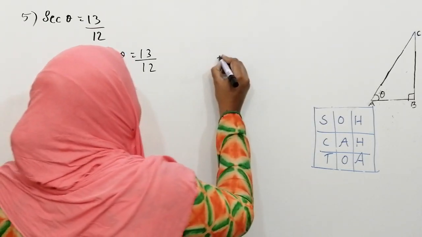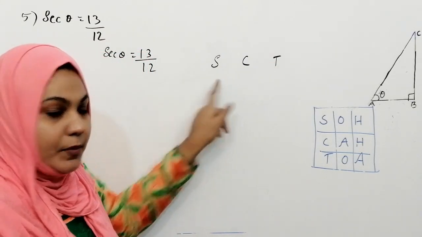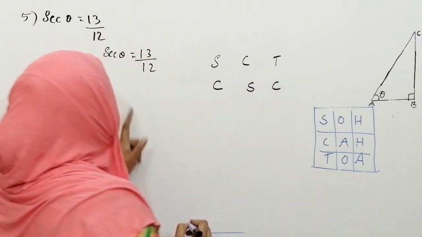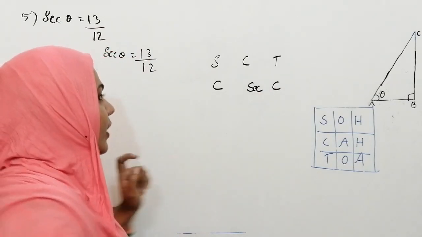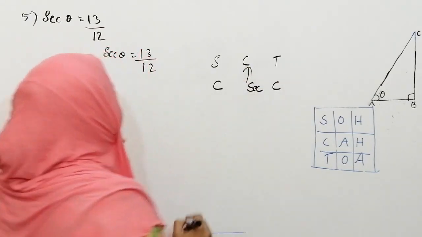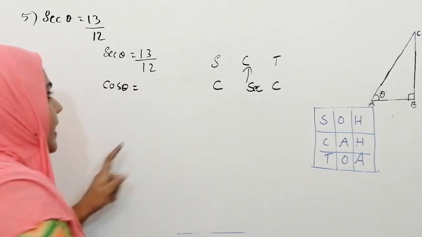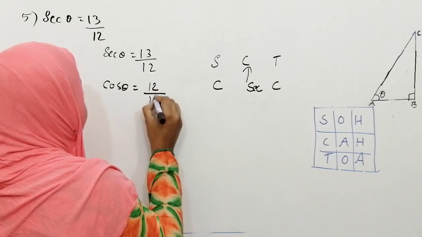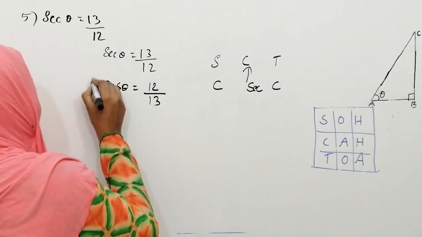So sec is the reciprocal of cos. So from this we can write cos theta is equal to the reciprocal of 13 by 12, that is 12 by 13. So we found one trigonometric ratio.